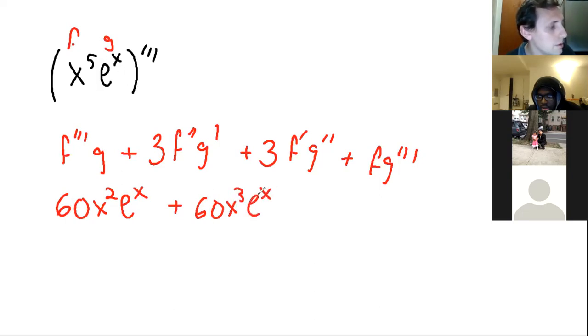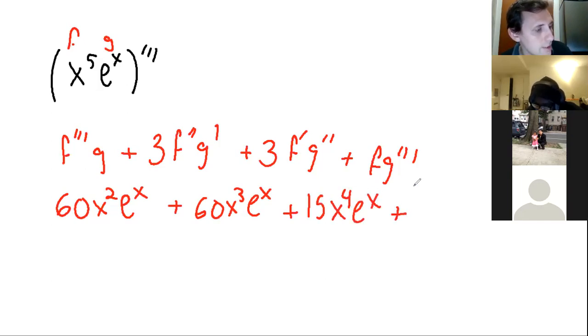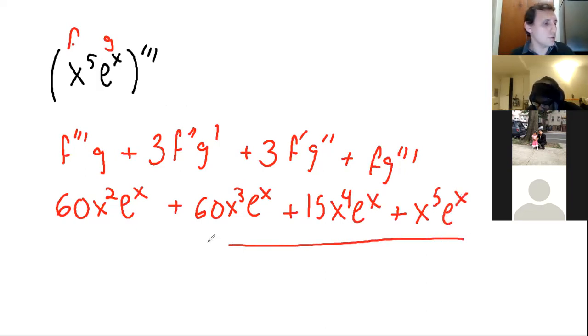Plus, if I take one derivative of f, that's just 5x to the 4 times 3, which makes it 15x to the 4 e to the x. And the last term is easy. I just take the derivative of e to the x a bunch of times. It's not changed. So it's x to the 5 e to the x. This is our solution.